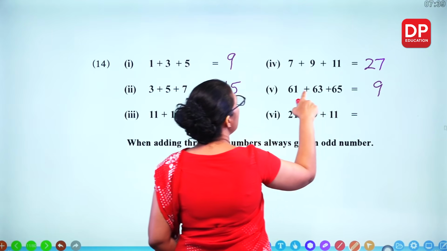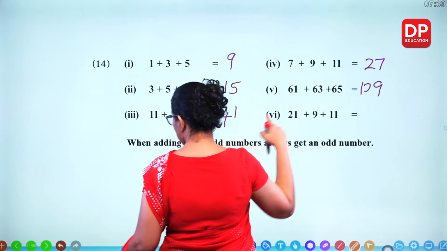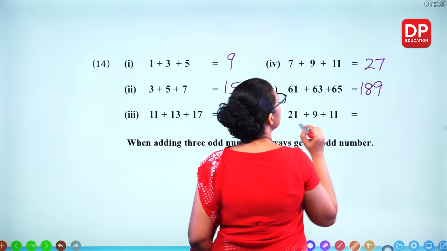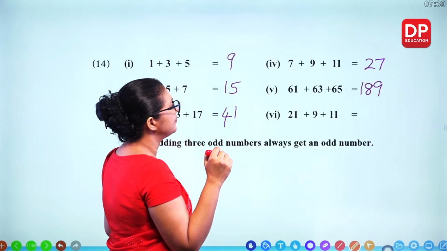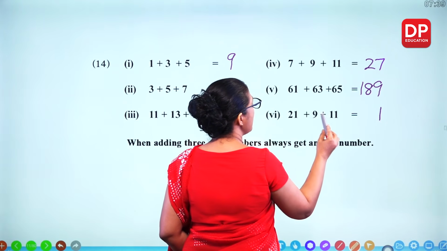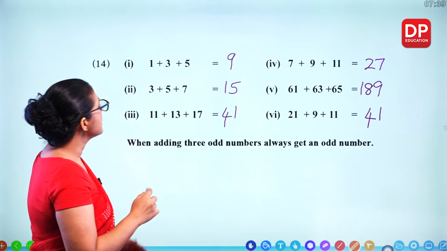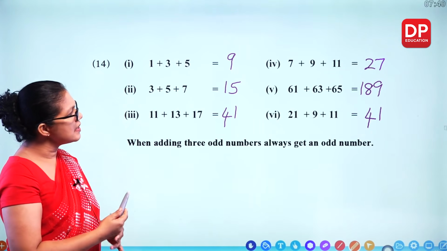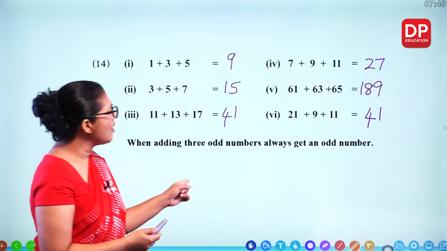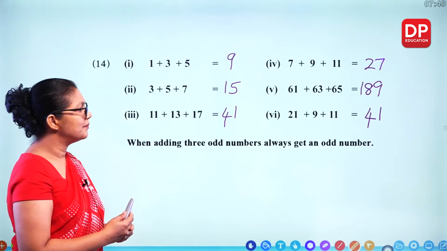Here, 6 plus 6 plus 6, 18. Now what happened? 9, 15, 41, 27, all these are odd numbers. When adding three odd numbers, you always get an odd number.